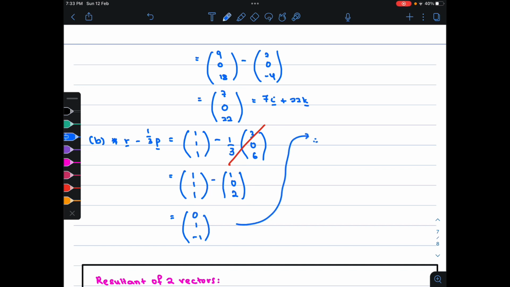Therefore, the magnitude of R minus 1/3 P is the square root of 0 squared plus 1 squared plus negative 1 squared, which is square root of 2. And that is our answer for part A and part B.